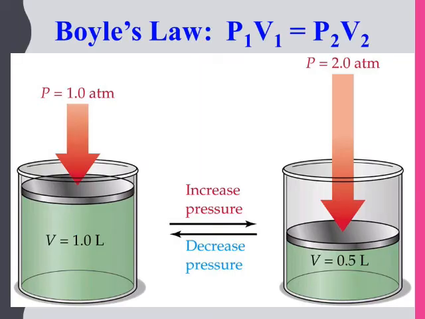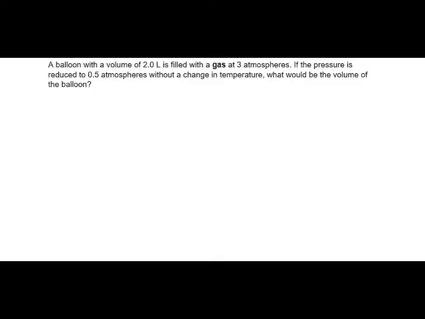So if volume increases, then pressure will decrease. If pressure decreases, volume will increase. As you can see here, if P1 increases, volume will decrease. Okay, let's try to solve some problems right now.